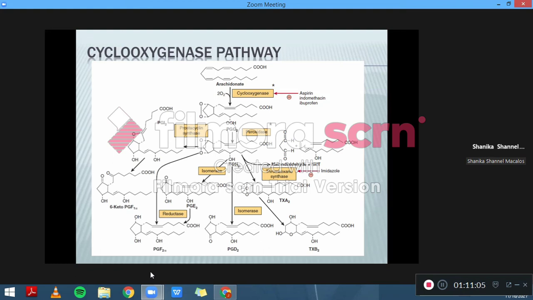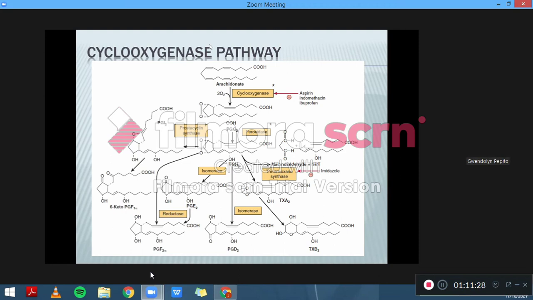The second important synthase after prostaglandin H2 is thromboxane synthase, Doc, which will turn it into thromboxane, especially thromboxane A2, which helps with blood clotting. So I think that's what is important for the cyclooxygenase pathway.